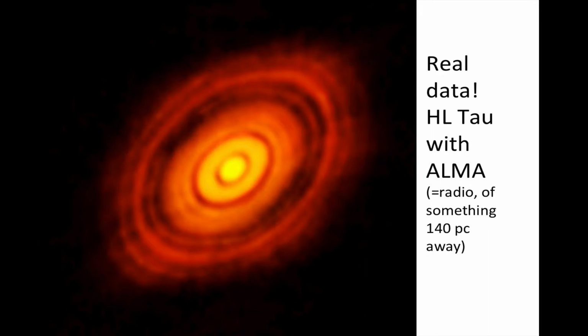This thing is relatively close, only 140 parsecs away. There's 3.26 light years in a parsec, so about 3 times 140 in light years, and you've got lots and lots of gaps in the dust ring, and that's really exciting because it may mean, it doesn't guarantee, but it may mean that we're seeing planets form in this disk around this star.